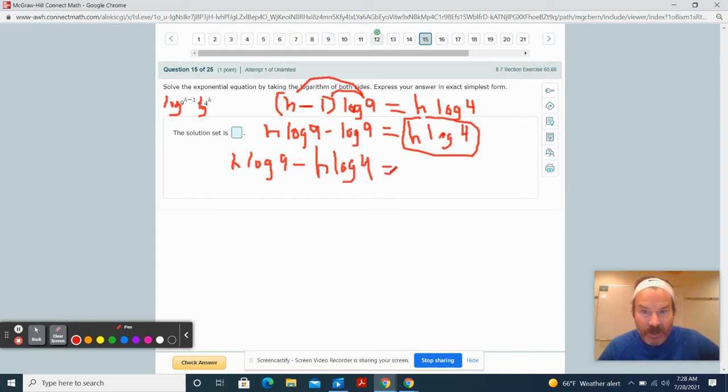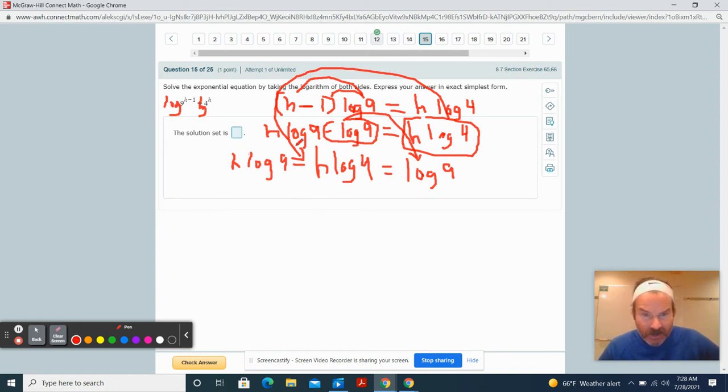And I'm going to bring this over to the other side. So minus log 9, I'm going to add log 9 to both sides. So this is log 9. Okay, so not to confuse you, but I did two things at once. I brought this over here, and I brought this over here. And the reason why I did that is I wanted to get the h's on the same side.